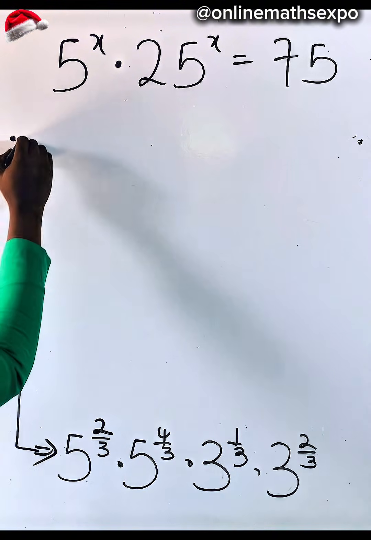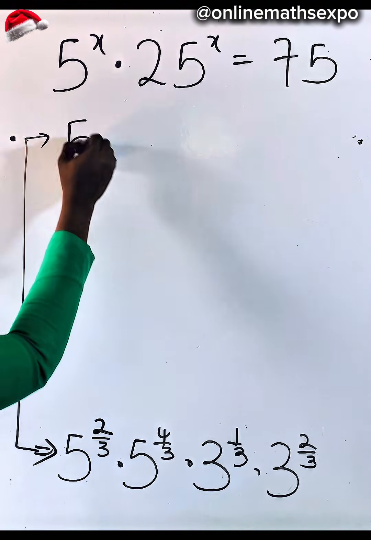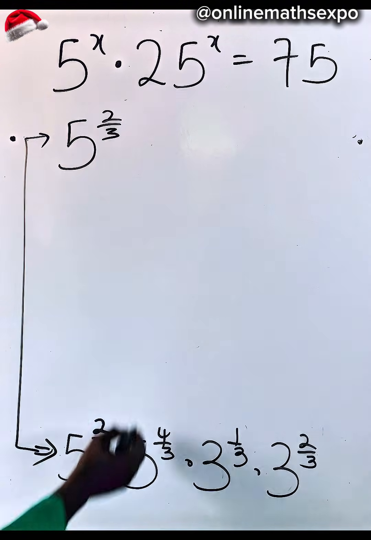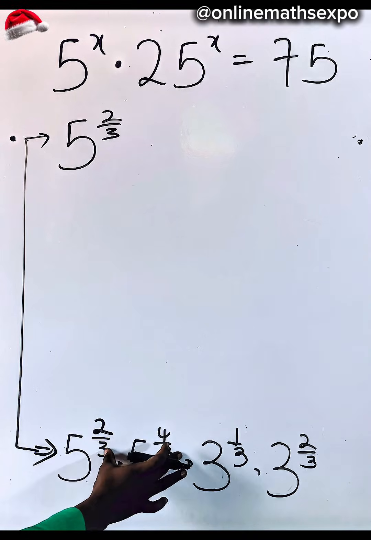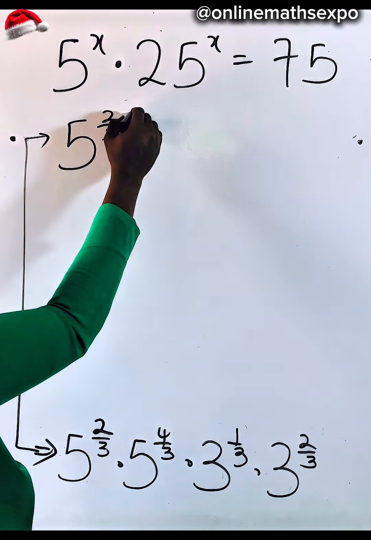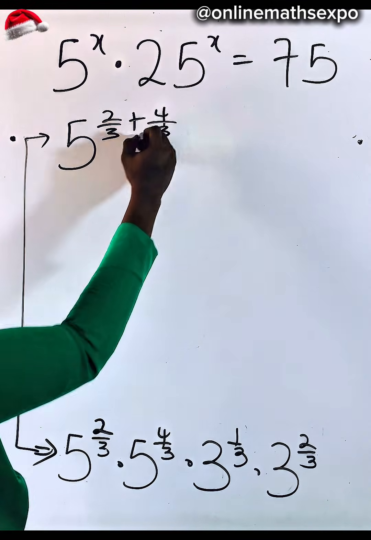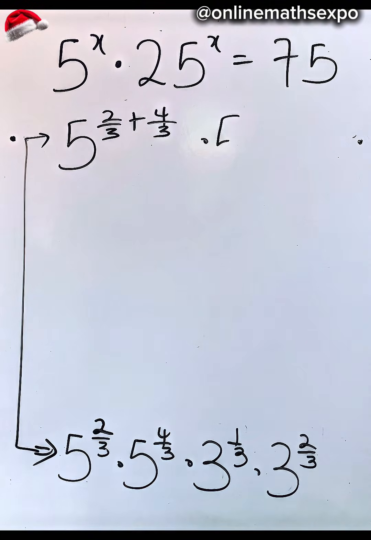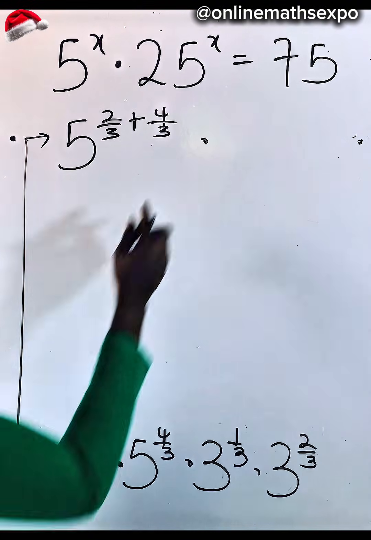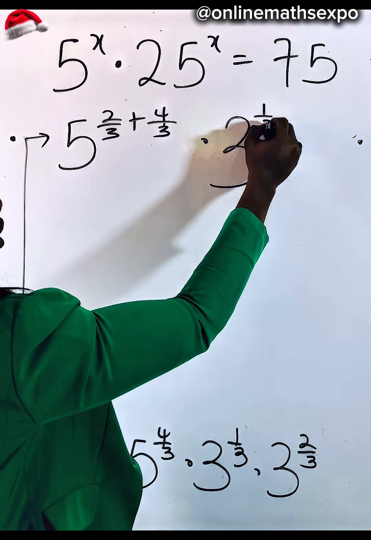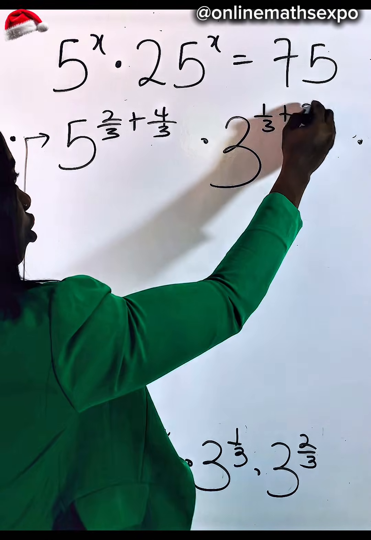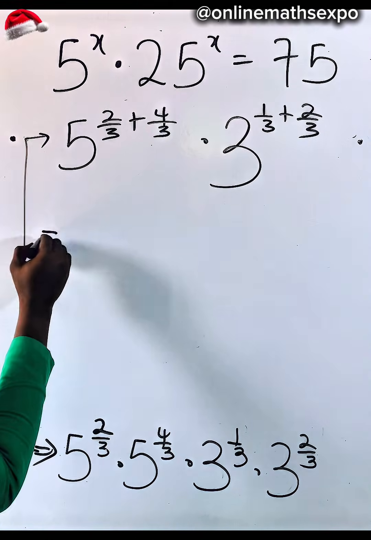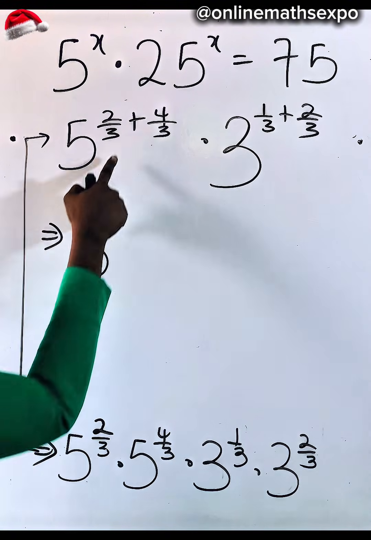so from here, we now have 5 to the power of 2/3. Now you add the powers, okay? So we have plus 4/3 multiplies 3. So we have 3 to the power of 1/3 plus 2/3. So keep simplifying. We have 5 to the power.